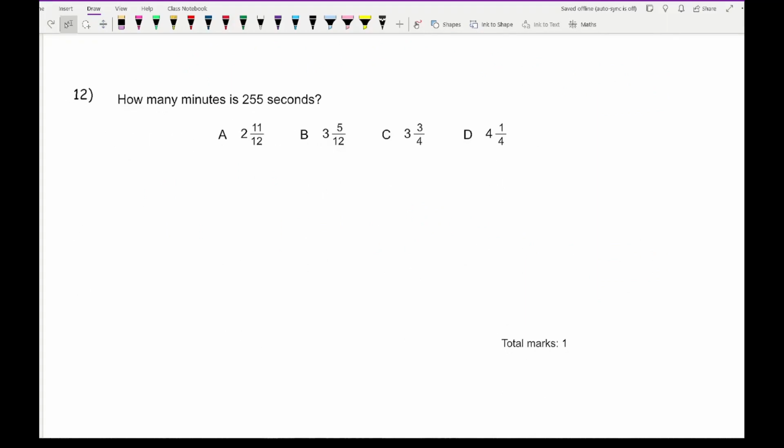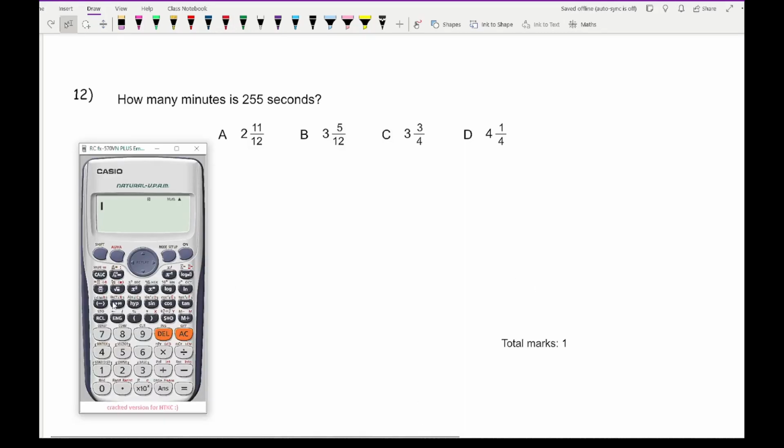So moving on to question 12, it says how many minutes are there in 255 seconds? Now for this, I can use my calculator. So if I use the time function, which is the button next to the negative button, here I end up with 0 hours, 0 minutes, and I want 255 seconds. Again, press that, and if I press equals, it comes up as 4 minutes and 15 seconds.